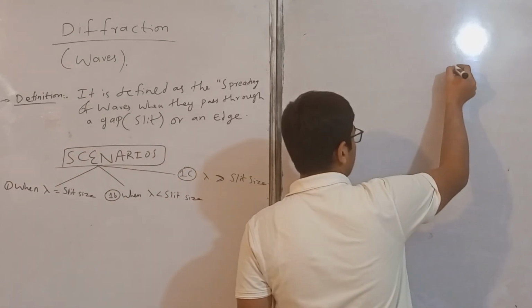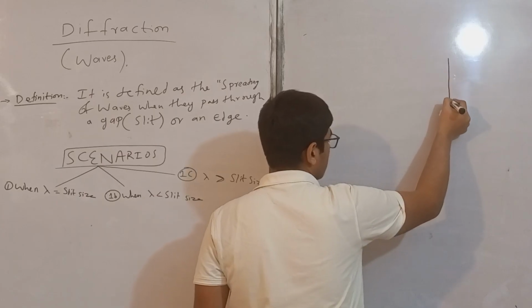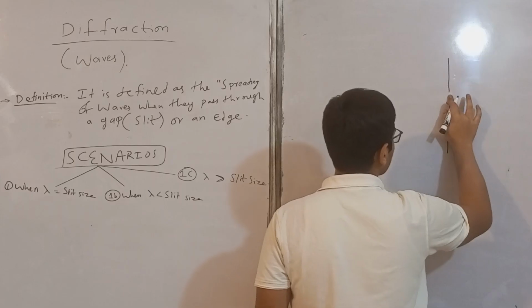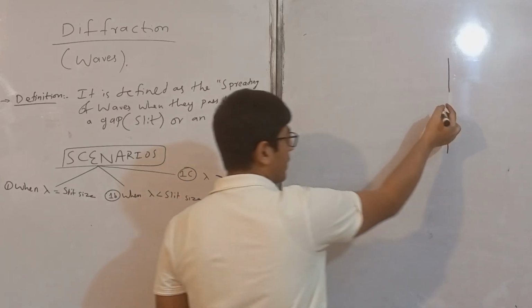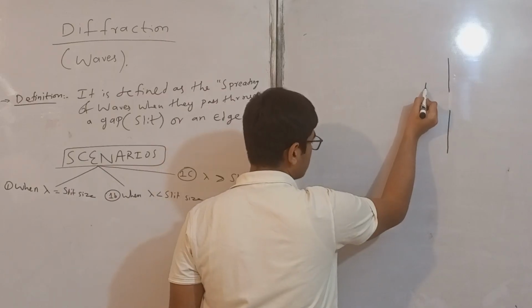First of all, let's consider this is a barrier which is open at this end. And these are some of the wave fronts.